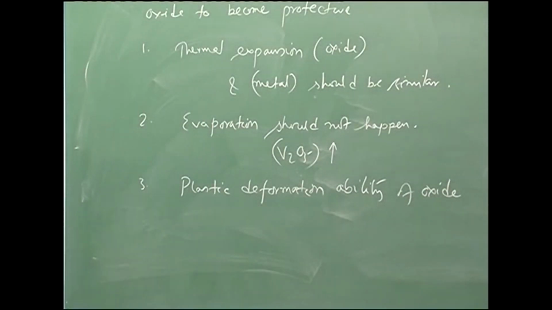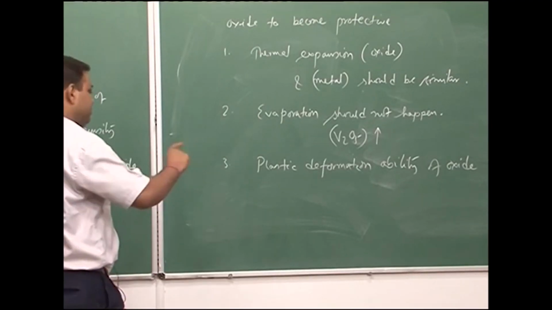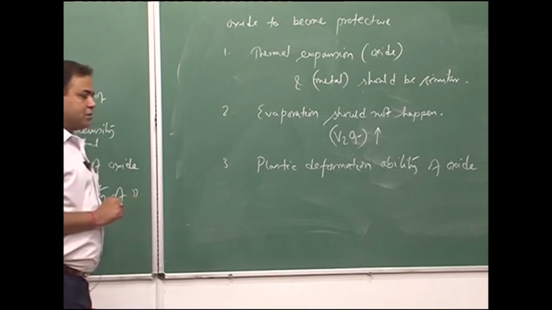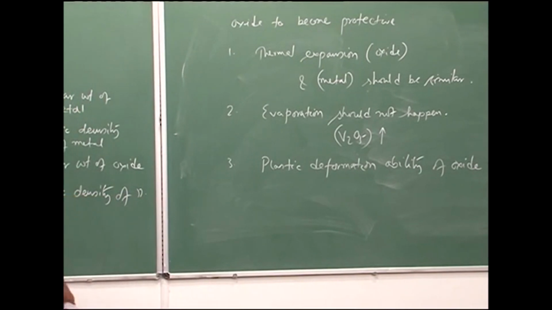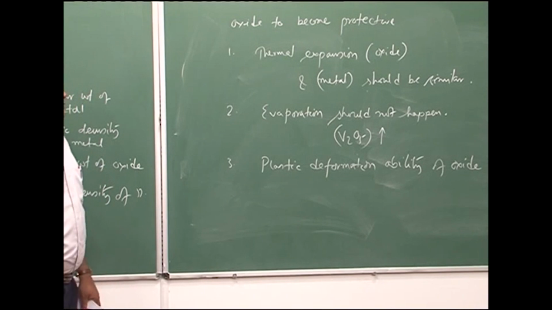Again, this has been understood later, that there would always be diffusion of metal ion as well as oxygen ion through the metal oxide layer.